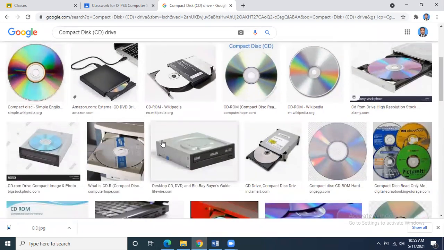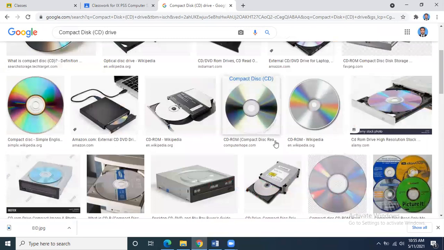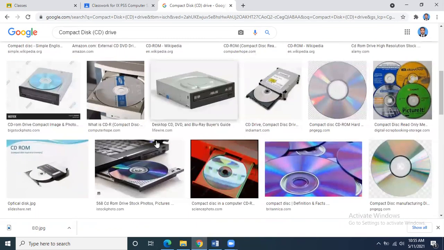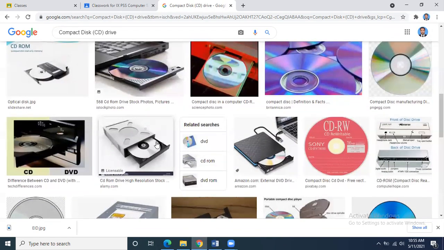There is basically a laser mechanism in the CD. As we discussed, the hard drive's mechanism is based on electromagnetism, but over here the mechanism is based on laser technology, and the data is read and written using laser technology.